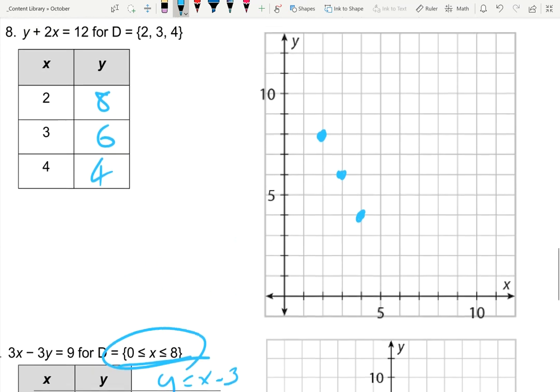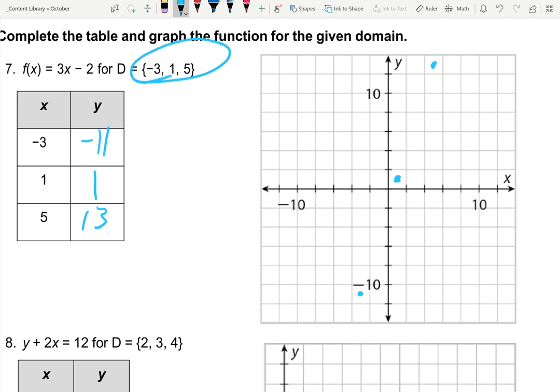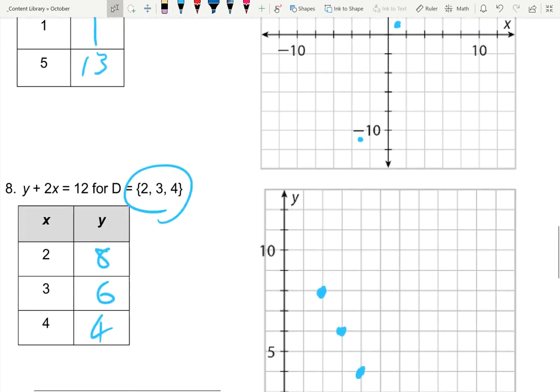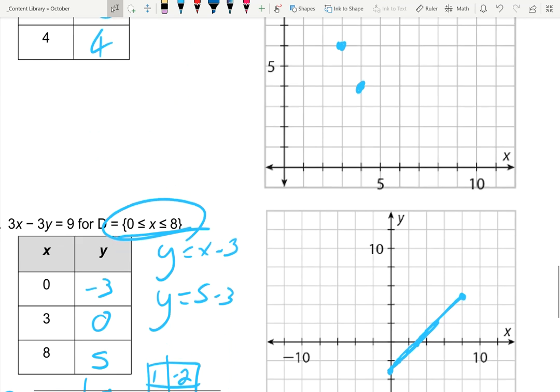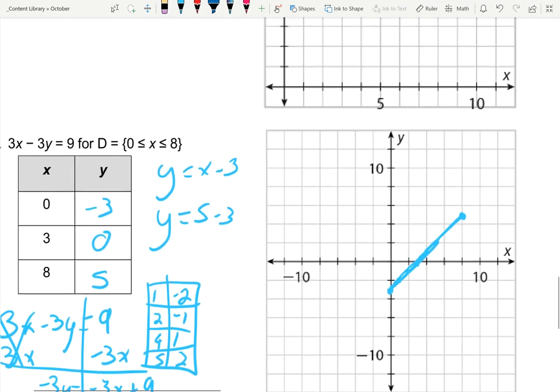I wouldn't be able to do that on something like number 8 or number 7 because on number 8 and number 7, I was only told to use these 3 values, right? But the difference in number 9 is it didn't tell me 3 values to use. Technically, I'm allowed to use anything between 0 and 8. They just gave me 0, 3, and 8 to start with for some reason, but we are technically allowed to plug in any number we want from 0 to 8, which is what I did so that I could see the line a little bit better and then graph my line.